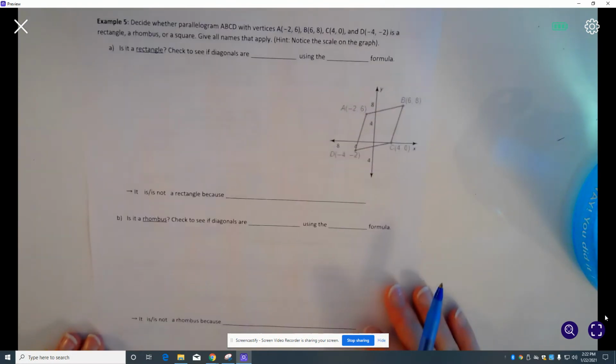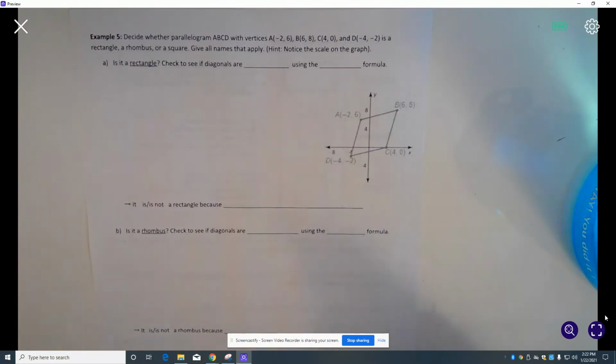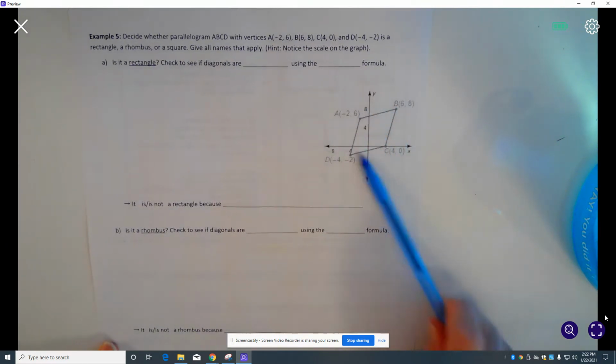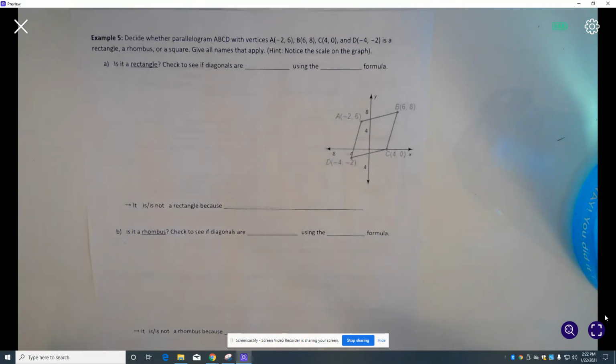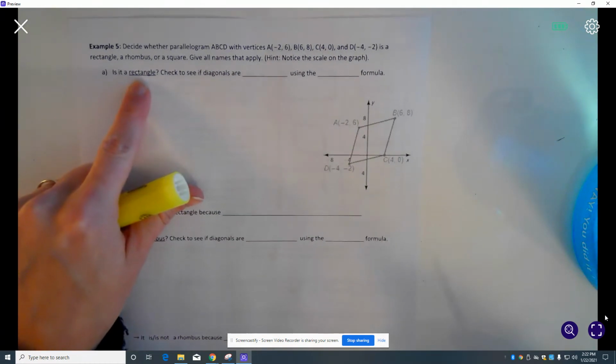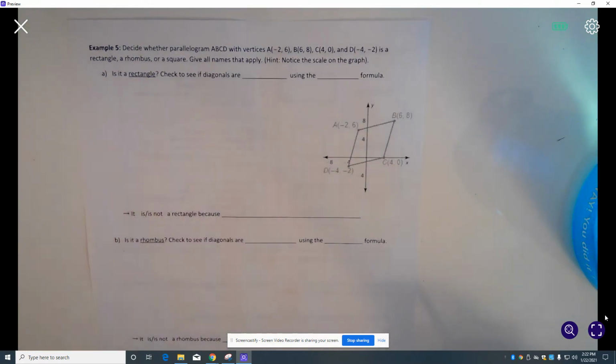Example 5, decide whether parallelogram ABCD with these vertices is a rectangle, a rhombus, or a square. Give all names that apply. So we have a graph here and we're trying to determine which of these three, if any, is this parallelogram. First we're going to check to see, is this parallelogram a rectangle?